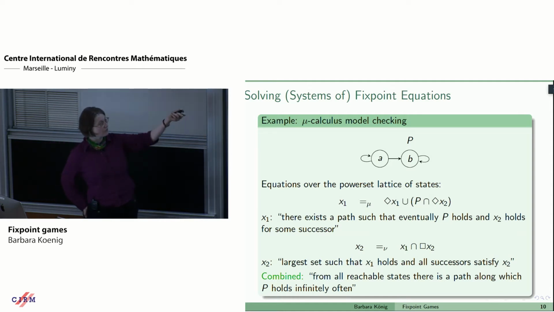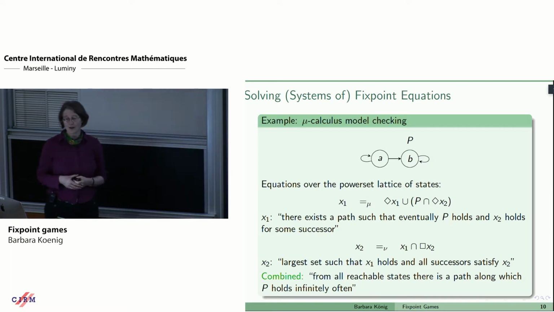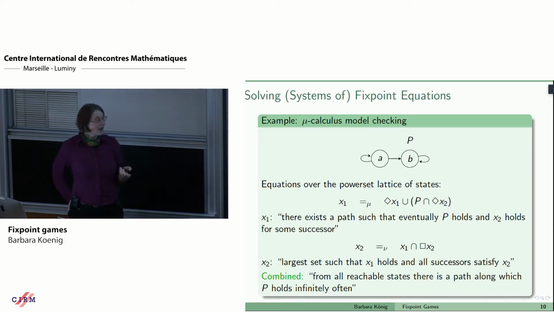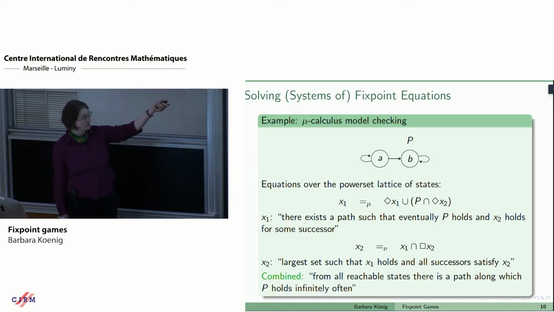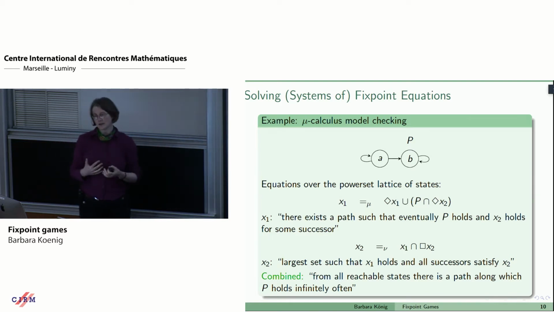So again, x2 refers to x1, and x1 refers to x2, and this is why these two fixed points are interlinked. If you combine both, you can figure out that from all reachable states, there is a path along which P holds infinitely often. Whatever you can reach, you're guaranteed that there is a path along which P holds infinitely often. And that's the interpretation of x2, which is the last equation.